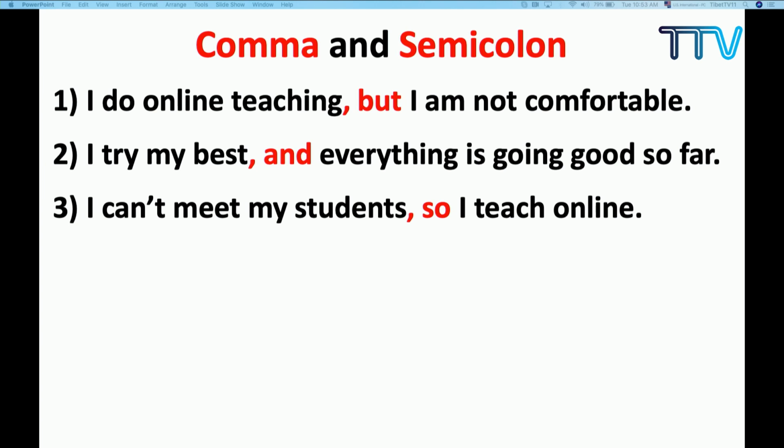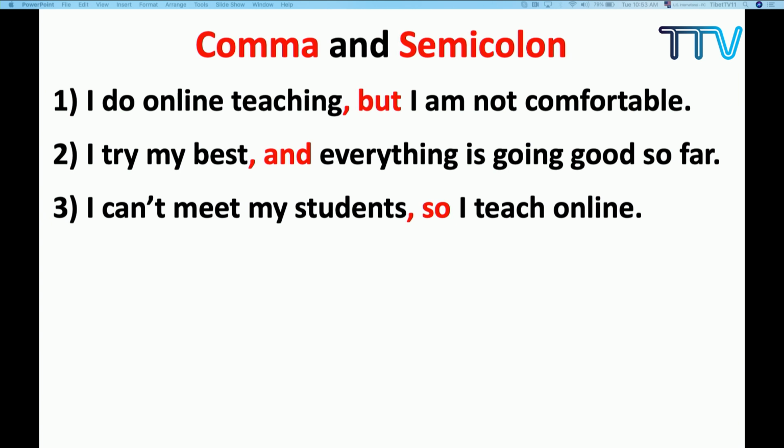When you use a connector to join two sentences, we have to be very careful about the punctuation marks. For example, I do online teaching, with the connector but. Sometimes we neglect that comma, but here it's important to use the comma before the connector.